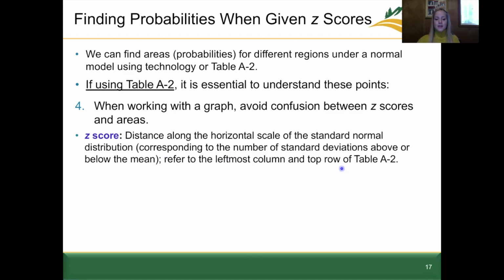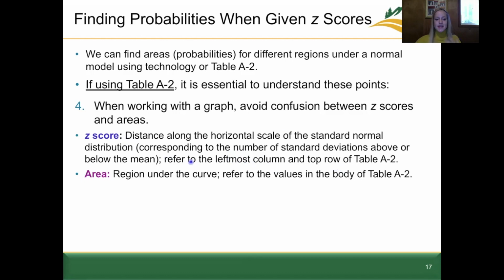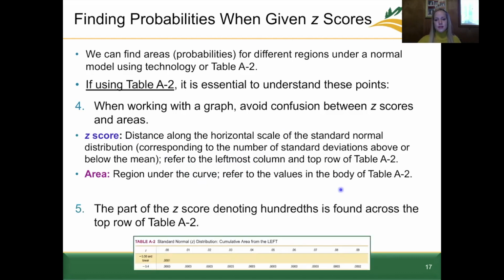So that was z-score. Now for the area, it's the region under the curve. The area values in Table A2 are going to be in the body of that table. Number 5, the part of the z-score denoting the hundredths place is found across the top row of that table. We will do an example looking at this as well.